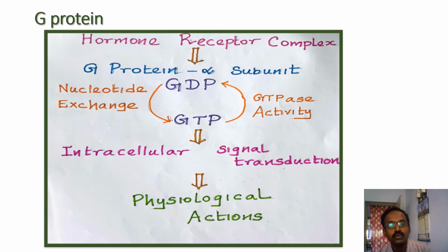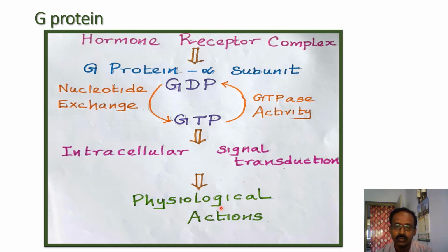The hormone receptor complex activates the G protein. The G protein alpha subunit exchanges GDP for GTP. So it produces the intracellular signal transduction. It produces the physiological actions.